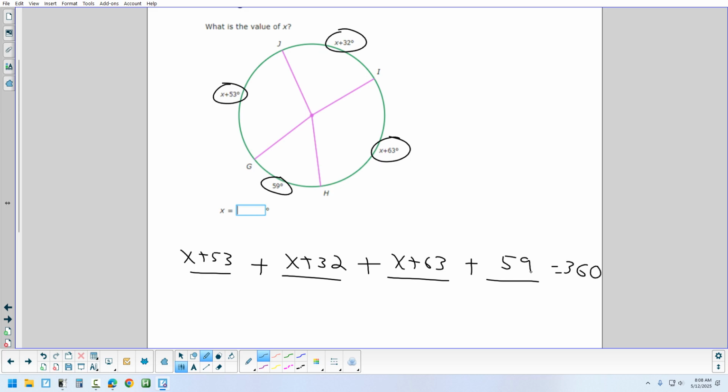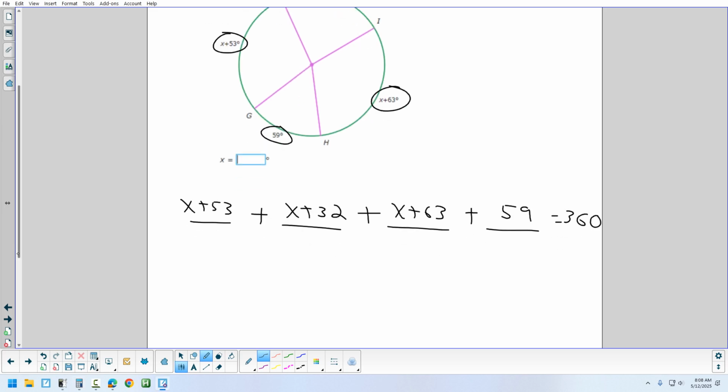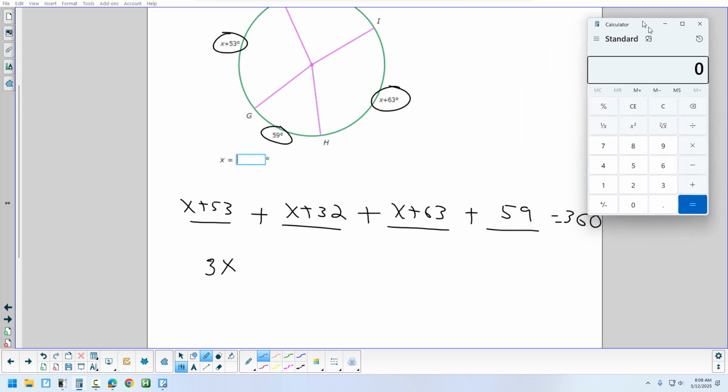Okay, so now on the left side, we've got a lot of like terms I can add up. Let's start with the x's. When I add all my x's together, how many x's do I have on the left side? 3. So it's going to give me 3x. And then I have other like terms I can combine that don't have an x. The 53, the 32, the 63, and the 59.